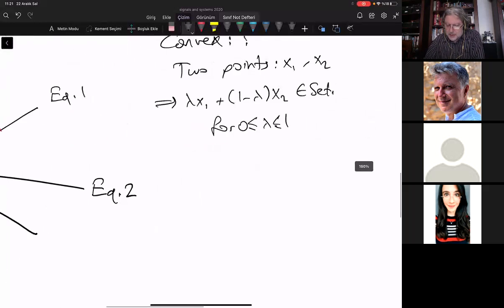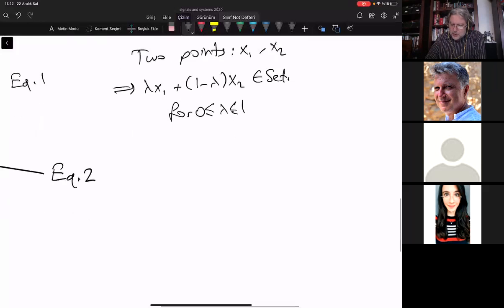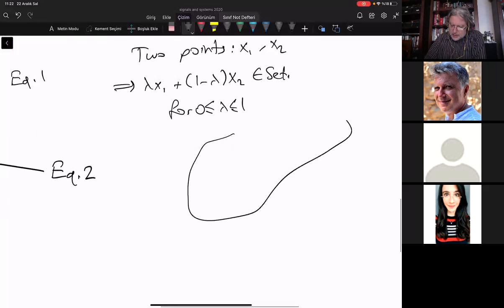Okay, let me make it a little bit larger here. So for lambda between 0 and 1, lambda times x1 plus 1 minus lambda times x2 must be within the set.